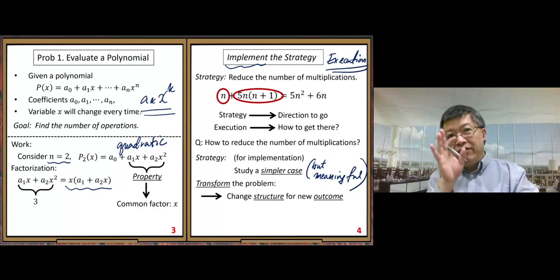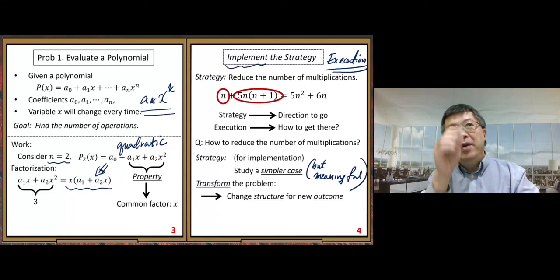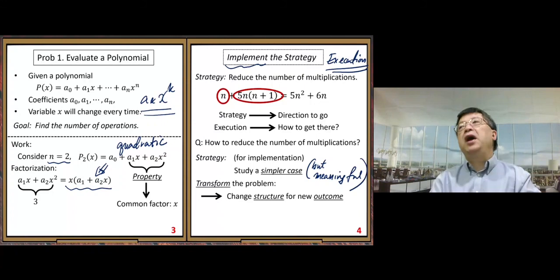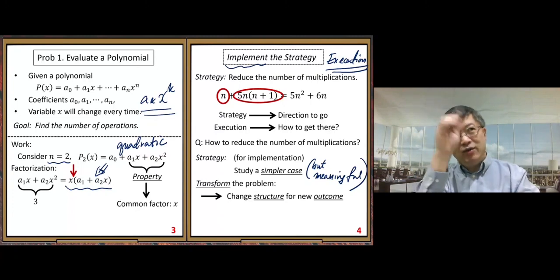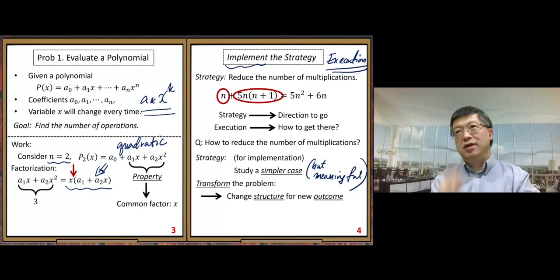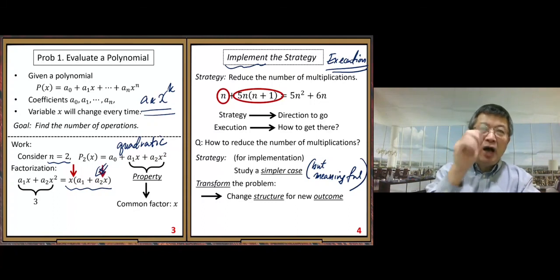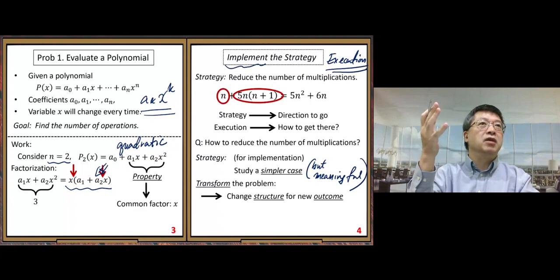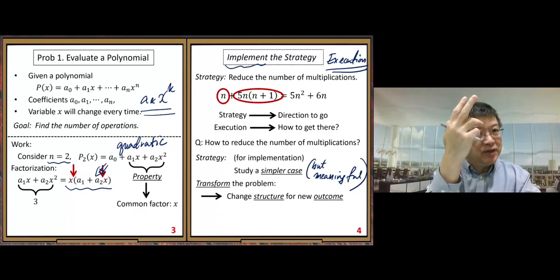Now, if we count the number of multiplications from the second expression, this one, tell me, how many multiplications do you have? The first one, x times parenthesis, whatever is inside the parenthesis, one multiplication. Second one, a2 times x, the second multiplication. That's all we need. We only needed 2 multiplications.